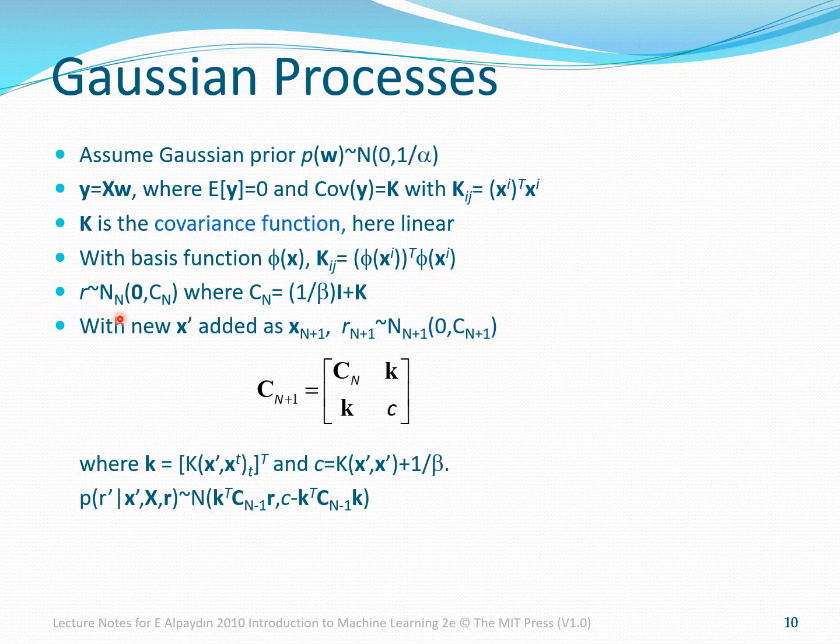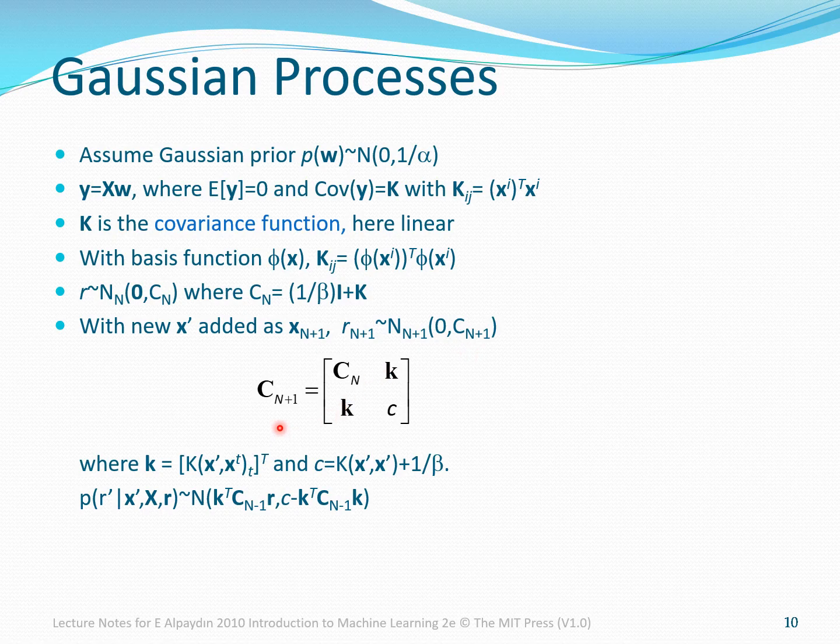r tends to N(0, C_N), where C_N equals 1/beta I plus K. With x dash added, (x_{N+1}, r_{N+1}) tends to N(0, C_{N+1}).